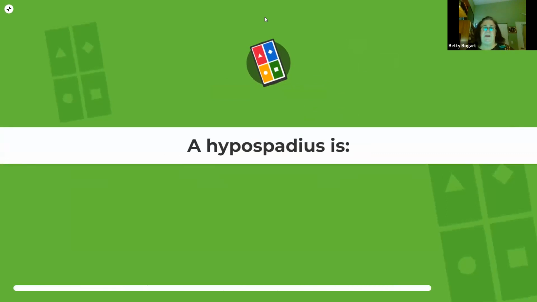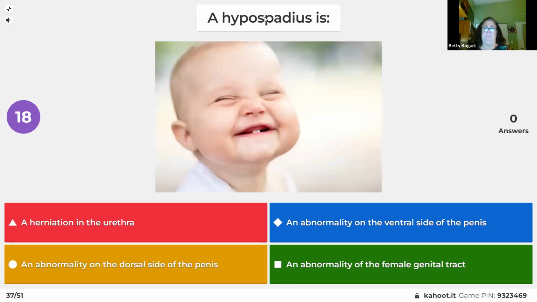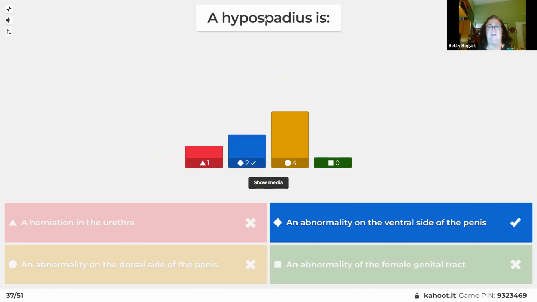A hypospadias is... the problem with hypo or epispadias is that if you have a parent who practices the Jewish religion, they do their bris, the circumcision is done, it's the ceremony.